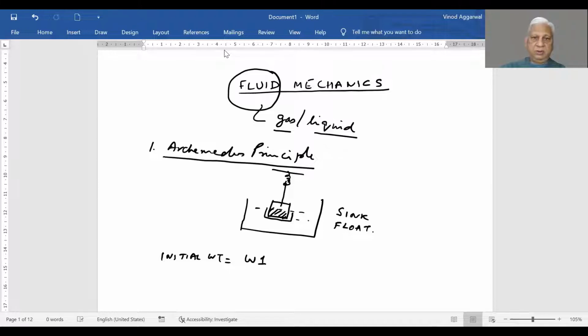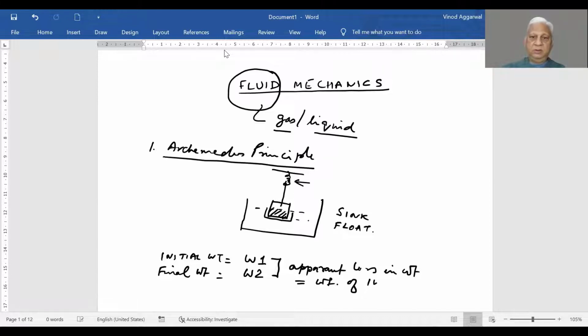You will notice if you dip it in water, in fluid, its weight as resisted by the spring balance will be less. Now this apparent loss in weight is equal to the weight of the liquid displaced.